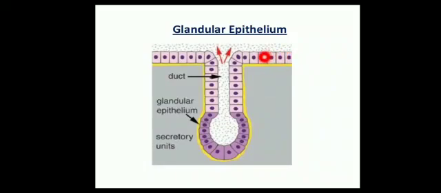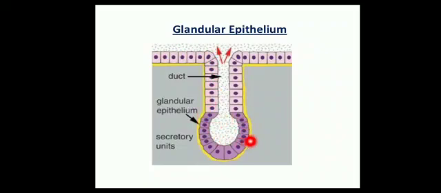Here in this diagram, you can see that this is the surface epithelium. What happens? The surface epithelium invaginates into the underlying connective tissue and forms the glands.